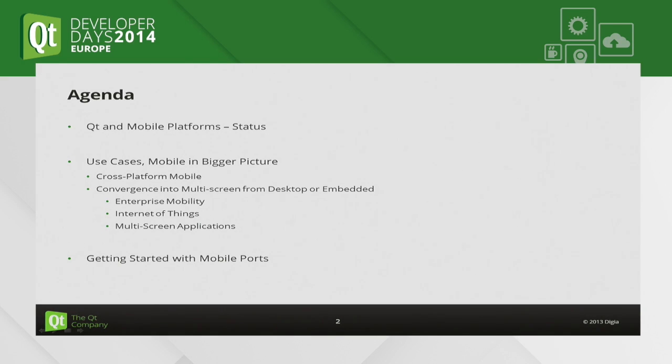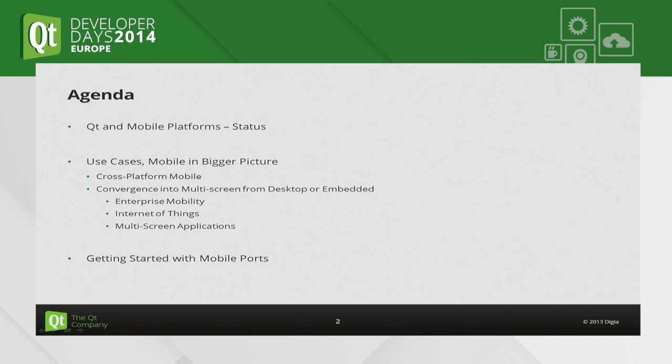Then on the embedded side, we'll be talking quite much about Internet of Things. That's a buzzword, but it's my favorite buzzword at the moment. Working a lot with embedded customers, I want to go through what Internet of Things is from the perspective of creating software, and cross-platform software is of course quite heavily in the equation.